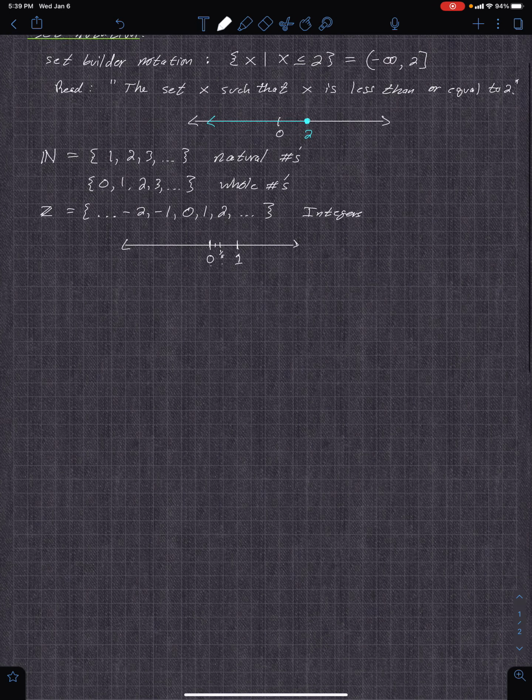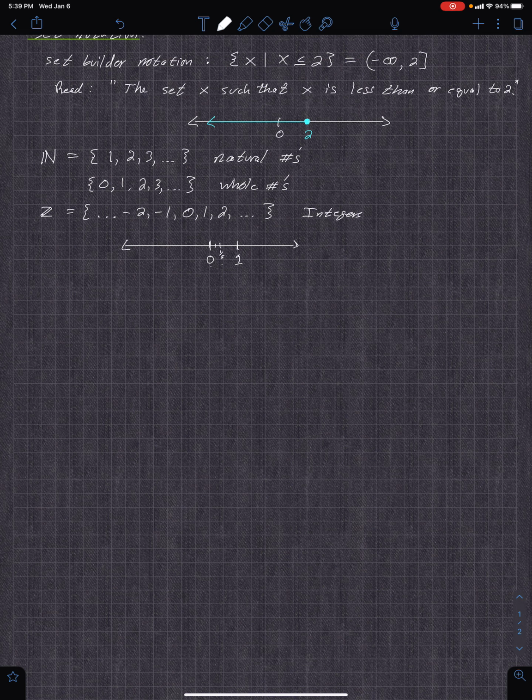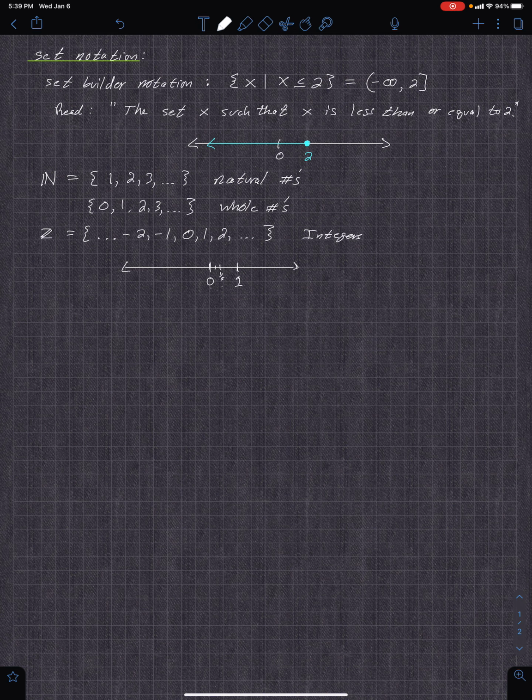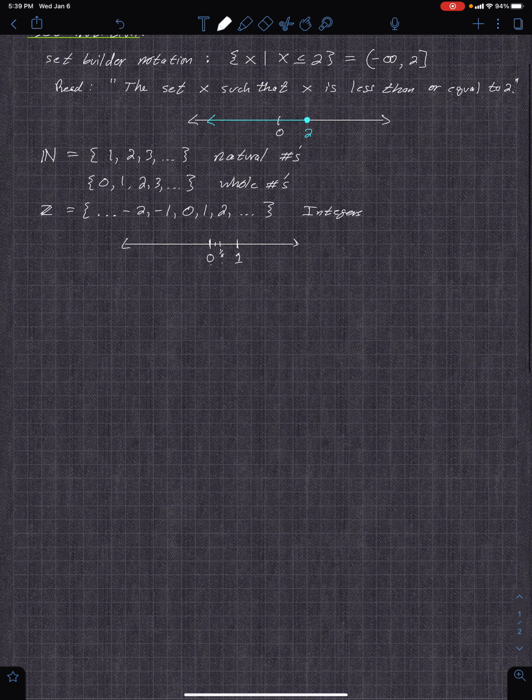But it is true for what we call rational numbers as well. So I'm not going to get too much into that, but the rational numbers are basically the fractions. At least that's how I like to show them. It's symbolized by Q, like for quotient. And so it's p over q such that p and q are integers.